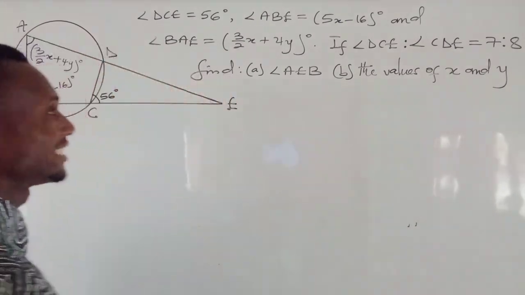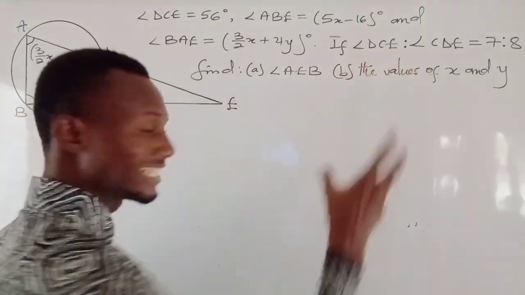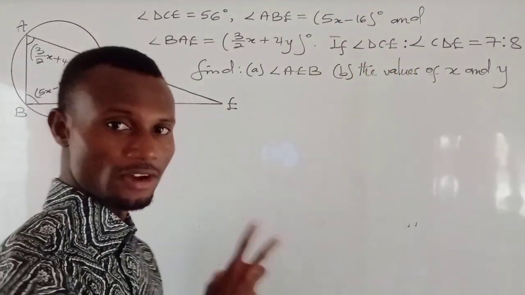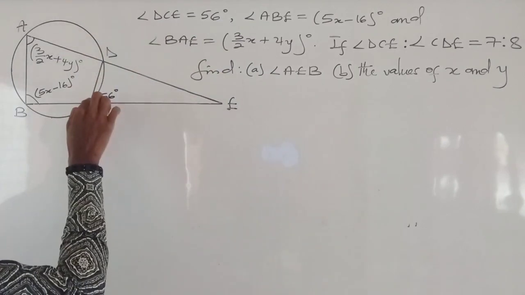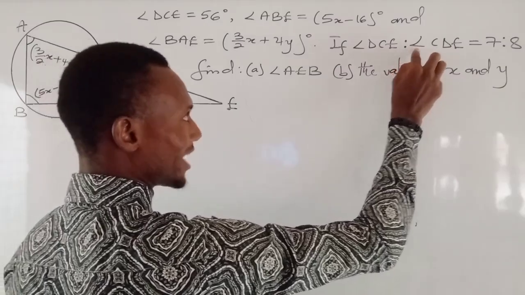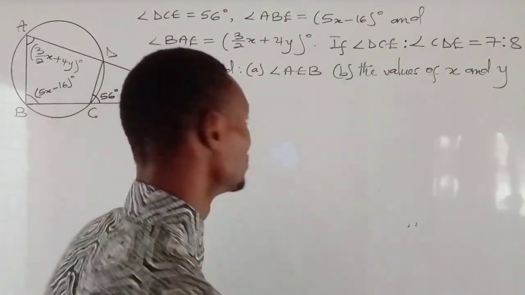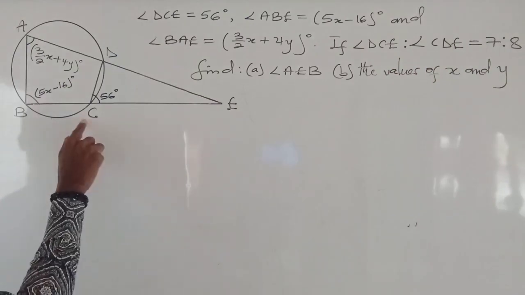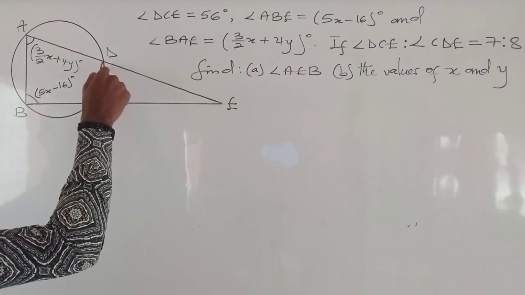Let's proceed. It says that if angle DCE, which is this angle of 56 degrees, is to angle CDE, so let's identify angle CDE also. Angle CDE is the angle formed here.